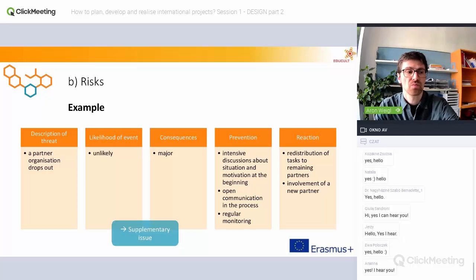It depends also on the partnership consortium. So if, for example, you have a partnership with 3 partners and one drops out, then the consequences probably would be major or even more. If there is a consortium with 10 partner organizations, it could be that the consequences are not that high. So that depends then also on which partner is dropping out, and so on.